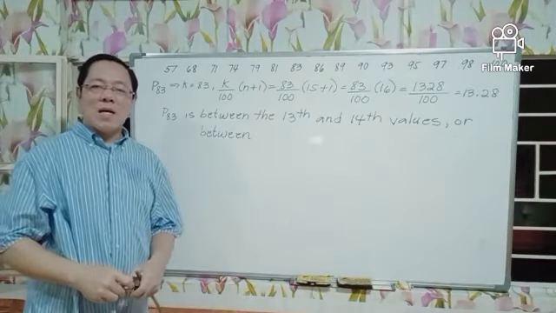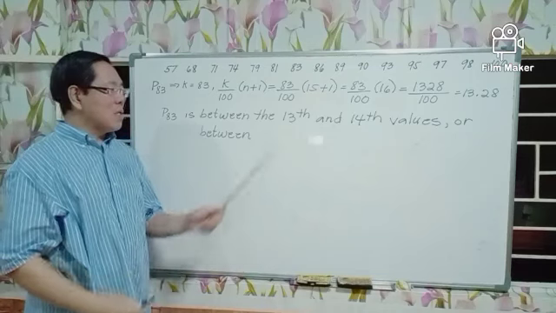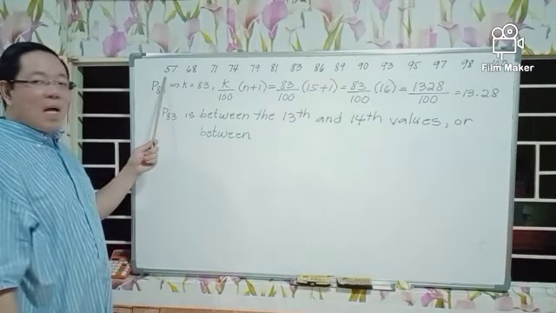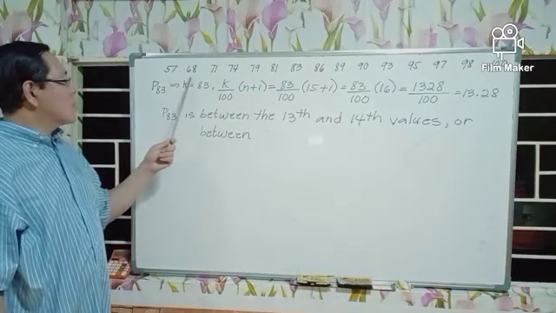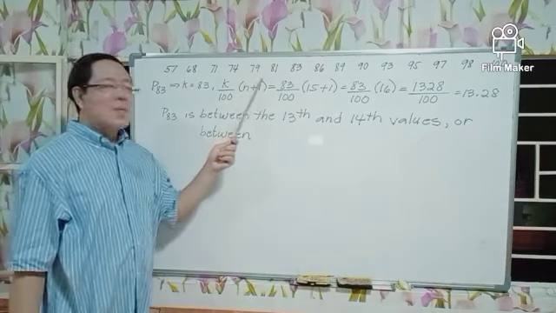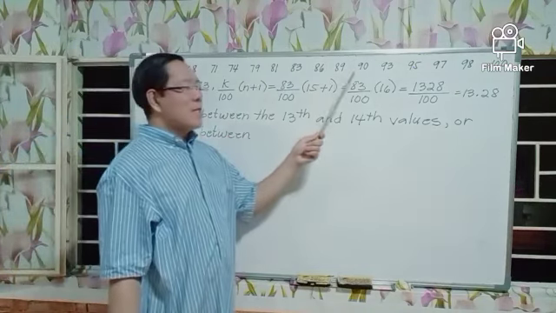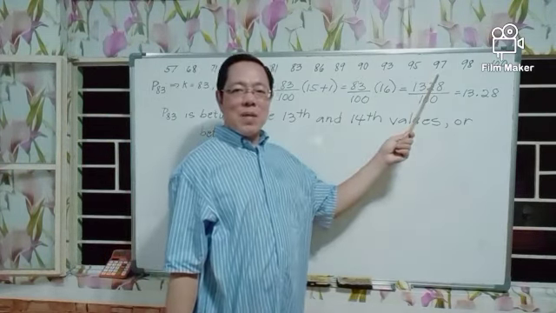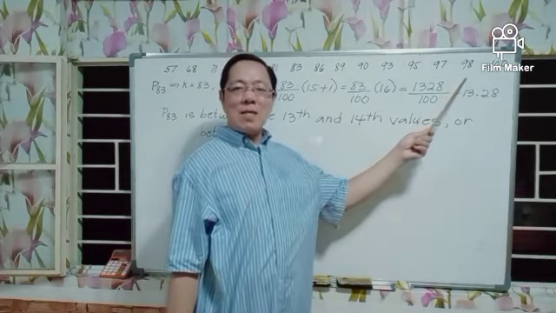Now we find the 13th and 14th values by counting 13 from the lowest value, 57. 1, 2, 3, 4, 5, 6, 7, 8, 9, 10, 11, 12, 13, 97. And the 14th value is 98.